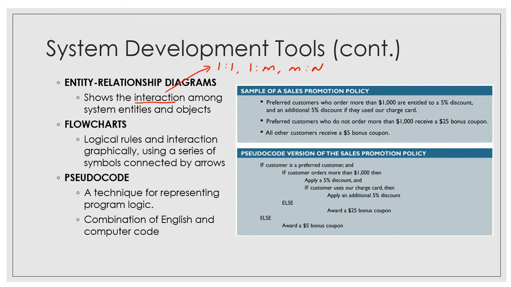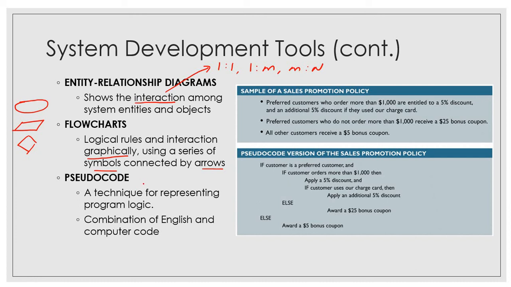The flowchart, on the other hand, shows the logical rules and interaction graphically using a series of symbols connected by arrows. So if you can refresh your memory from your CSC 118 subject, everything will be done graphically. So you have the oval sign, you have the parallelogram, you have the diamond symbol, and etc.